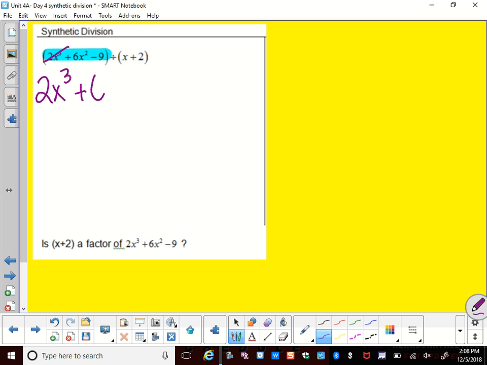So I'll bring that down, 6x squared. Do I have x? No. Because I don't have x, I'm going to put in plus 0x as a placeholder. So this is our standard form. I'm rewriting it to make sure it's in standard form. And then after my single x, I need my number, which is negative 9. So these two equations are exactly the same. It's just that one is the official standard form.